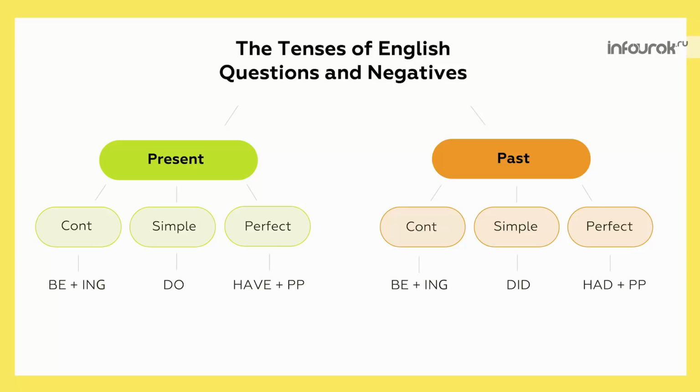If you notice, under the simple, I have put the auxiliary do, and under the simple past, I have put the auxiliary did. This is to indicate that while the other tenses can form questions and negatives because they already have an auxiliary, the verb to be in the continuous tenses and the verb to have in the perfect tenses, the simple tenses, simple present and simple past, need the auxiliary do to form questions and negatives.